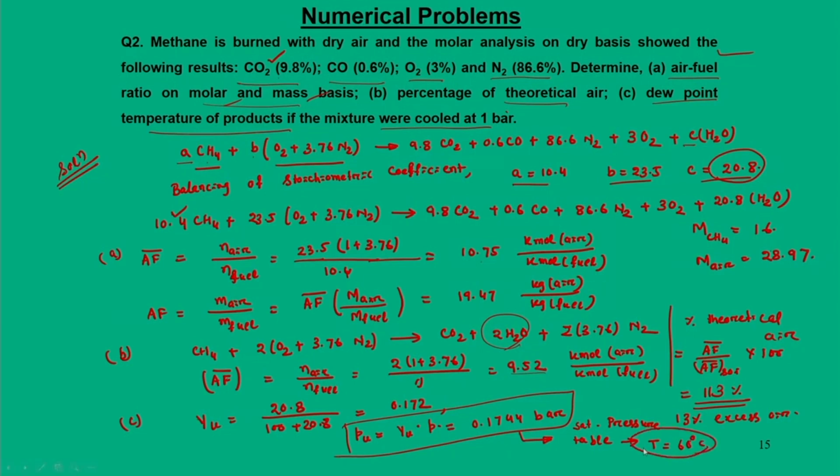So, when these products are cooled at 1 bar, water will form dew, and this dew point temperature is 60 degree centigrade at that partial pressure.